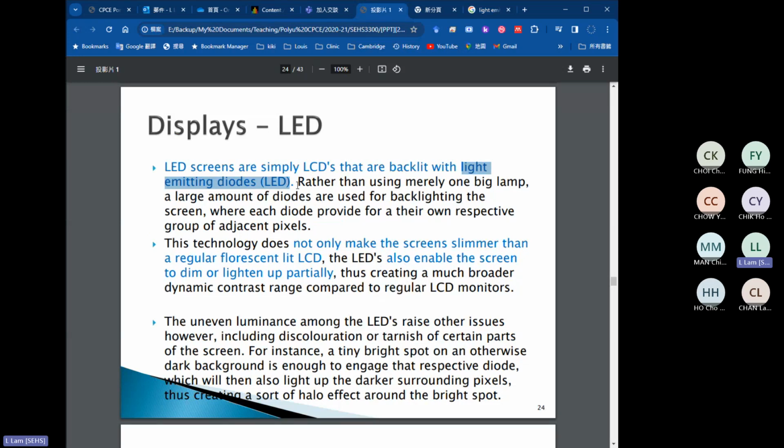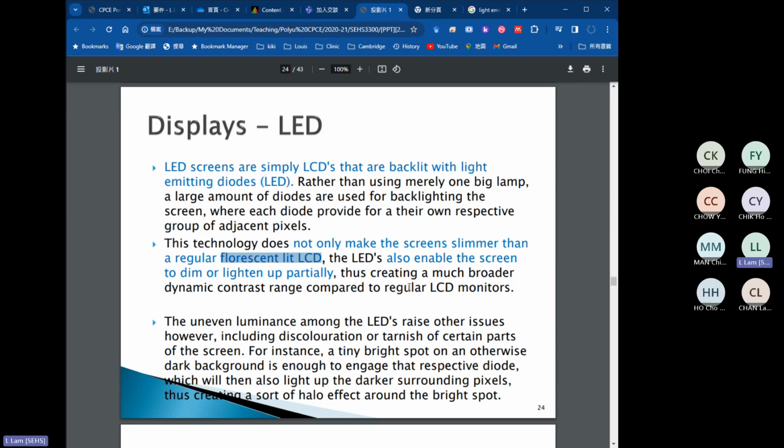Because this light emitting diode is very small, we can make the screen slimmer than the traditional LCD fluorescent light. The entire screen will be much lighter in weight.